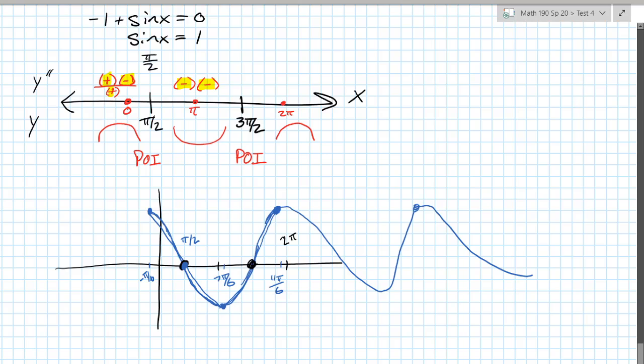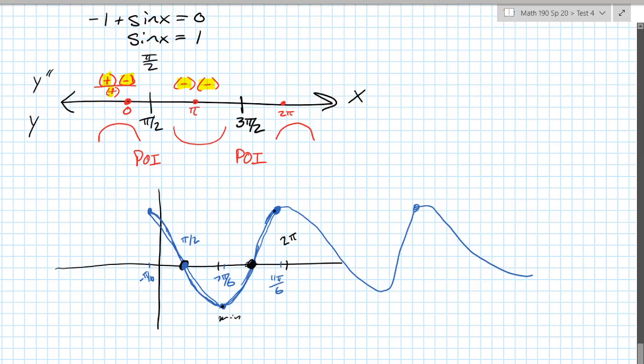So the function is decreasing and concave down from 0 to pi over 2. Then it's decreasing and concave up until 7 pi over 6, where it has a minimum. Then it's increasing and concave up till it has a point of inflection at the zero, and increasing concave down until it has a maximum at 11 pi over 6.